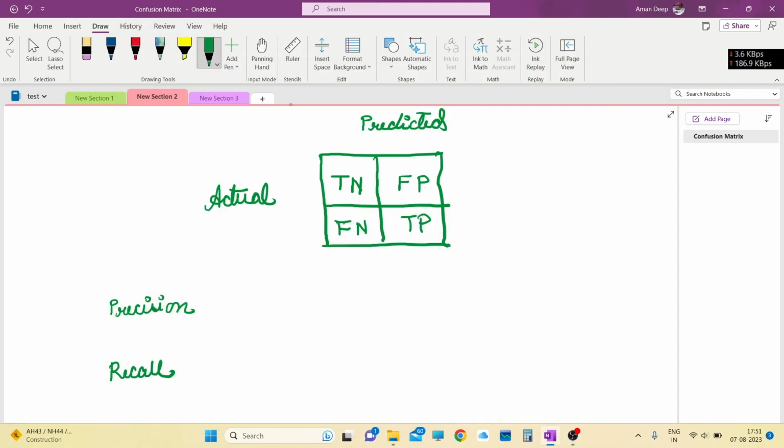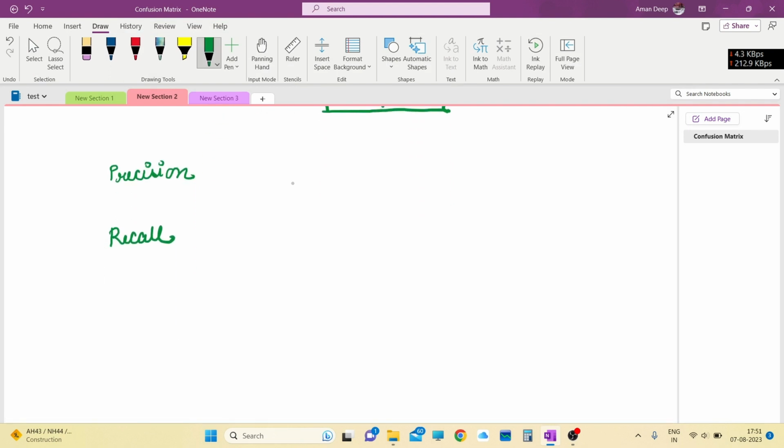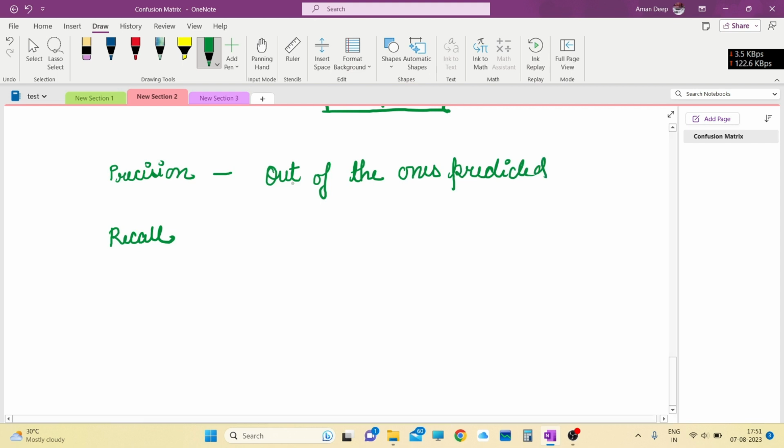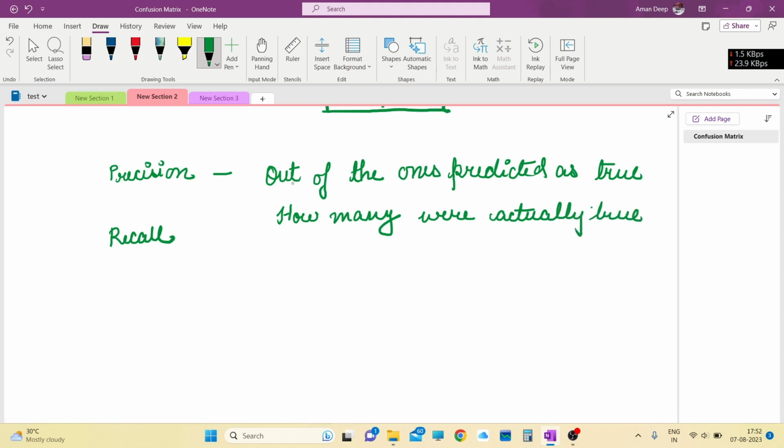See, what is precision and recall? Precision says that out of the ones predicted as true, how many were actually true, or actually correct?